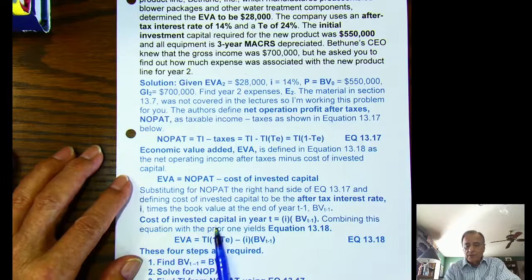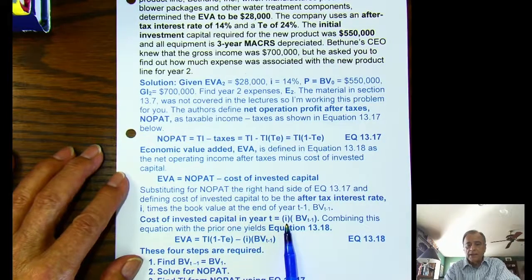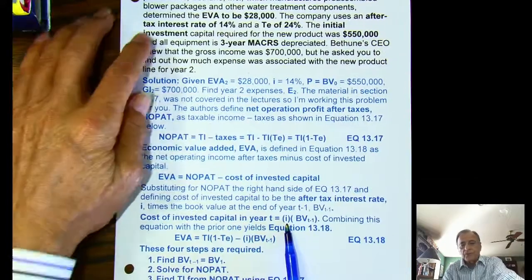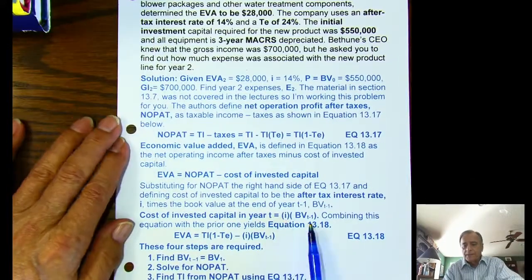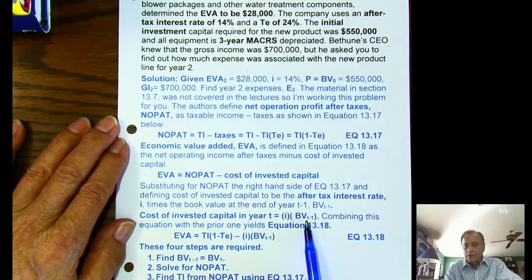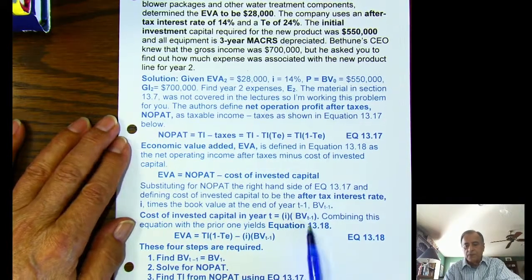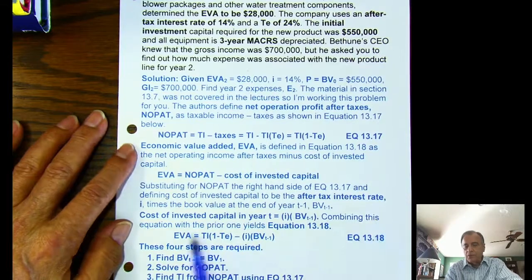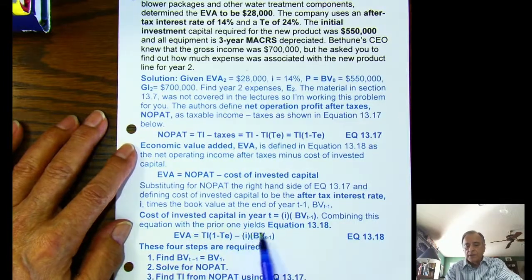The cost of invested capital, therefore, in year T is I, that's that 14% up there, times BV at T minus 1, which with T equal to 2 will be book value at time 1. Combining this equation with the prior one yields equation 13.18.